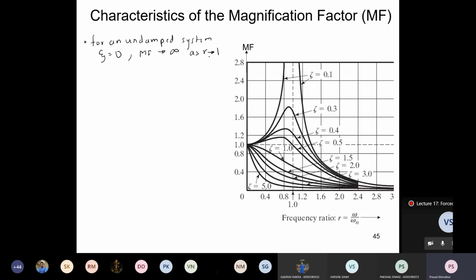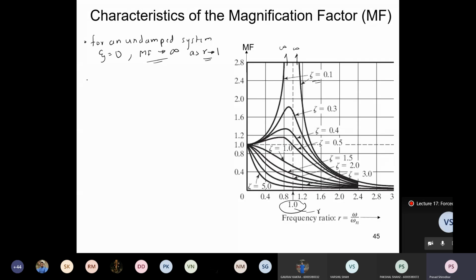All right, so near resonance, this magnification factor tends to infinity as r tends to this value. Okay, so in the regions at or near resonance, the magnification factor for an undamped system or for a low damping, this response goes to infinity.